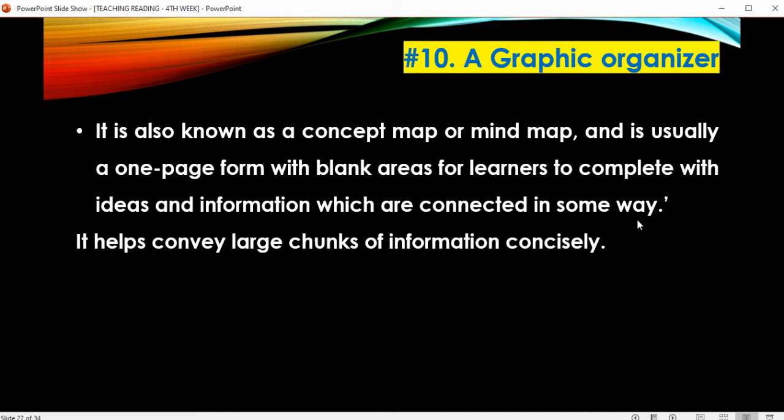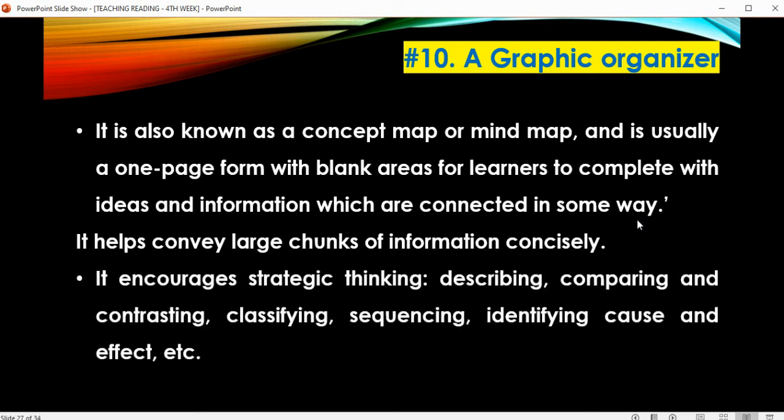Now remember the meaning of chunks. A chunk is a set of words, a group of words. So a large group of words of information, concisely. They are going to summarize all the information that they receive using these graphic organizers. It encourages strategic thinking: describing, comparing, contrasting, classifying, sequencing, identifying cause and effect.